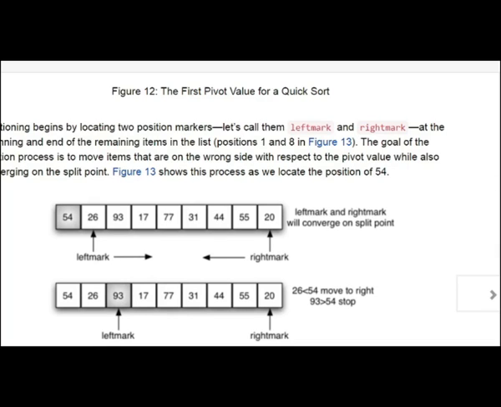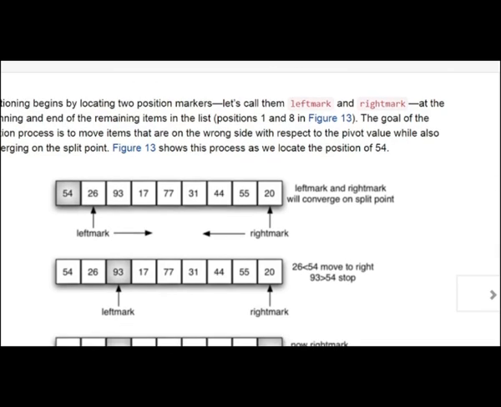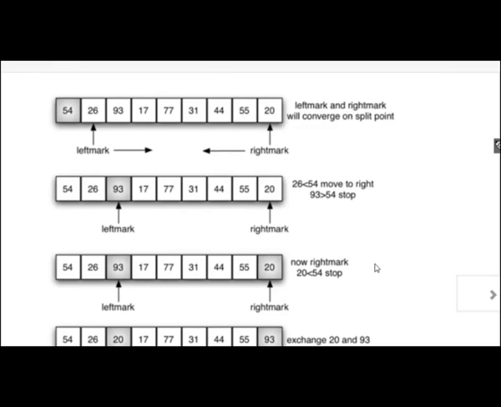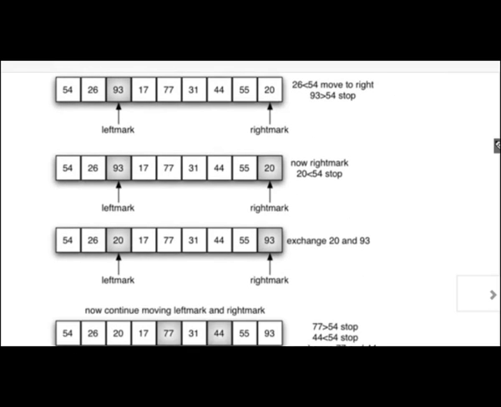So here you can see in this example we started to compare. 26 was less, so we incremented i. Similarly, 20 is compared with 54. Since 20 is smaller, we will swap these two elements. Here you can see 20 and 93 are getting swapped, and then we will continue further.